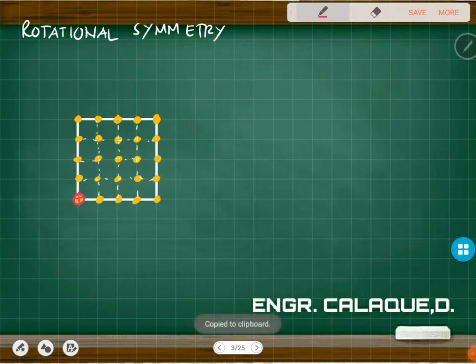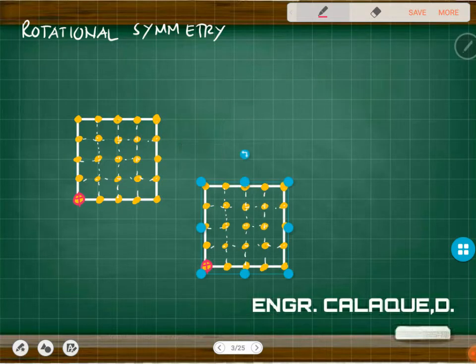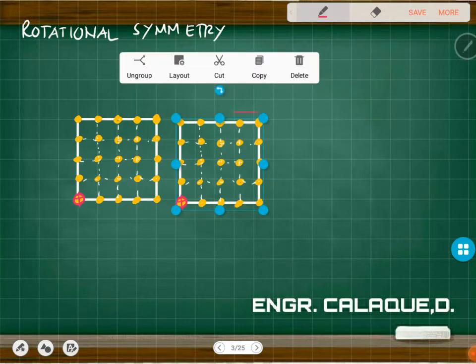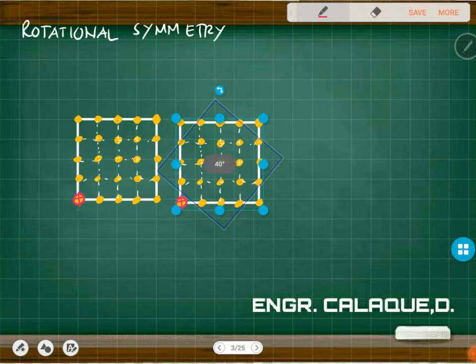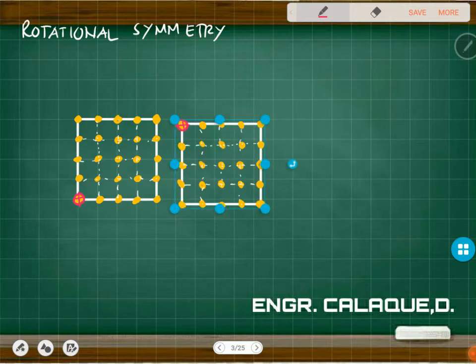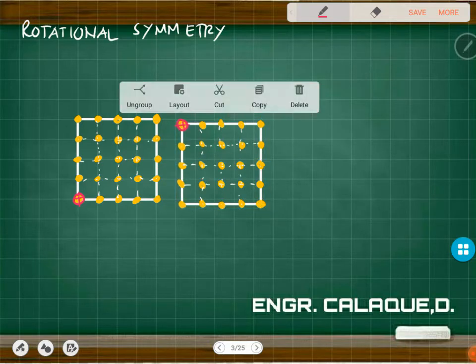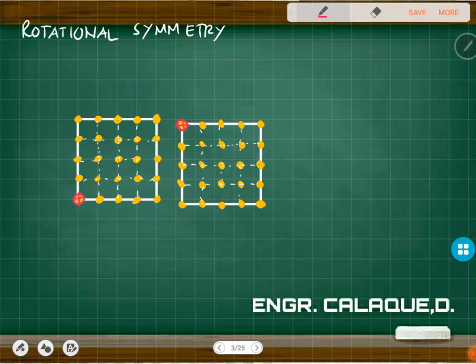Okay, so if we rotate this figure by 90 degrees, as you observe, this is its arrangement. From here it became like this.